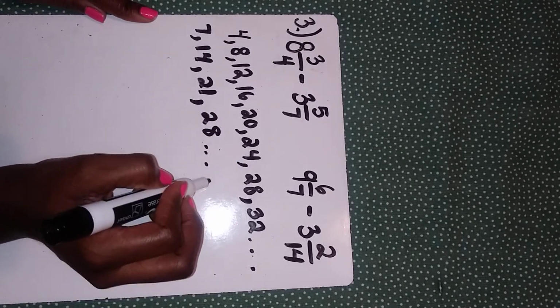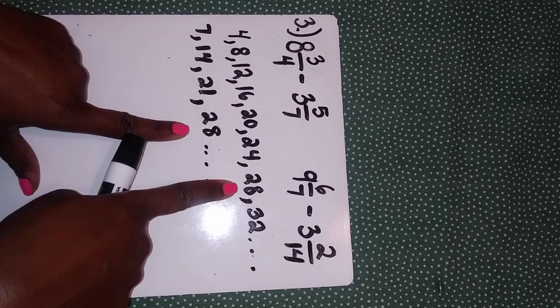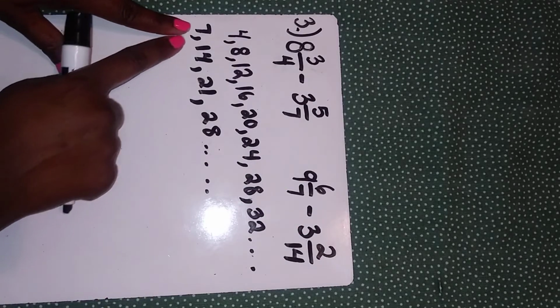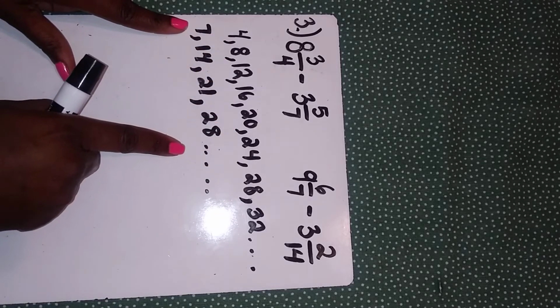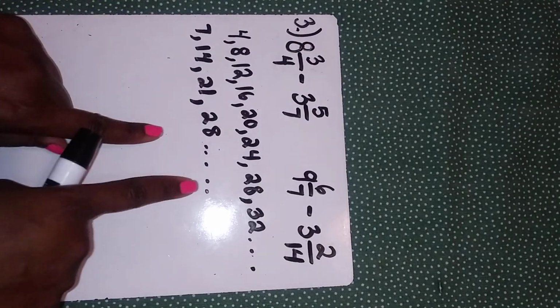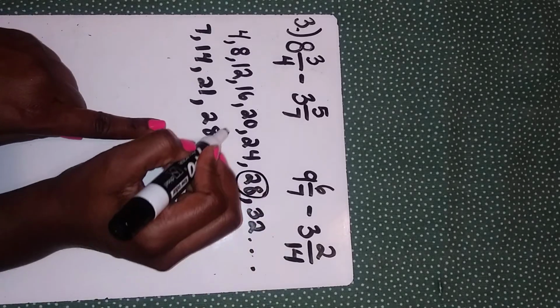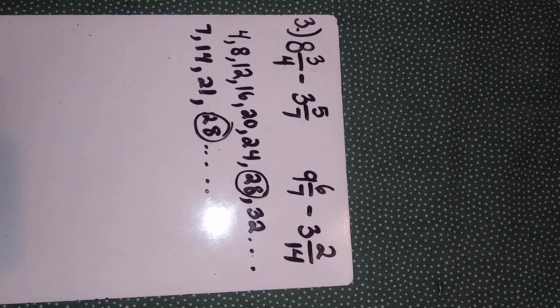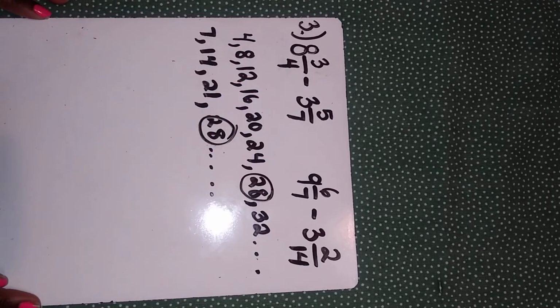And I'm going to stop right there. And the reason I stop right here is because I see 28 right here. So we're going to make a comparison. If we look at all the numbers here, I wrote a lot of them out. But again, you're finding the first number that they both have in common. 28 is the first number that you see that they both have in common. So the least common denominator here is 28. And I'm going to leave that there.